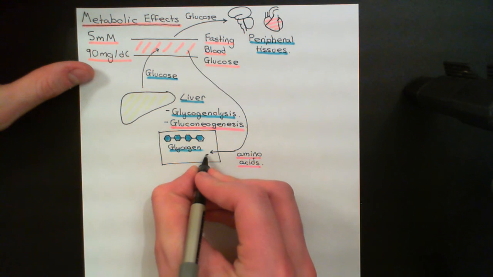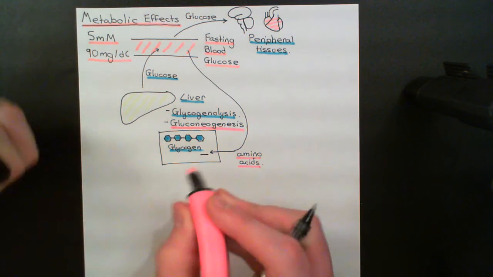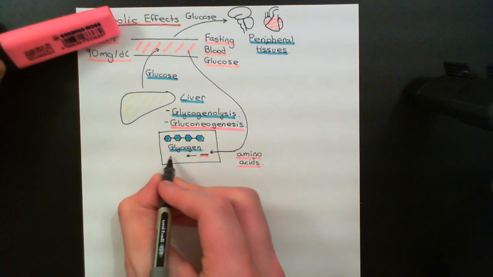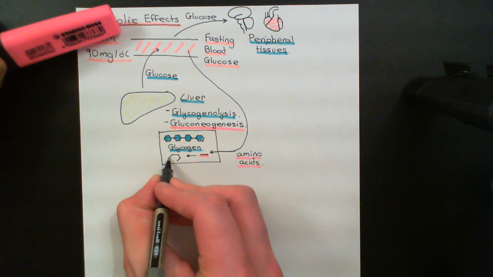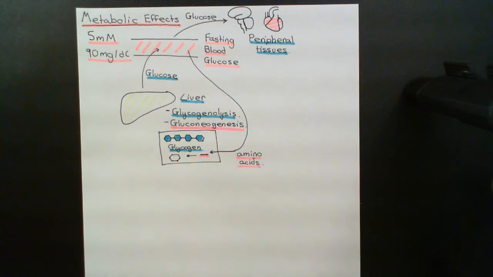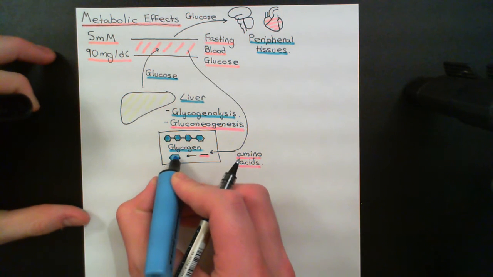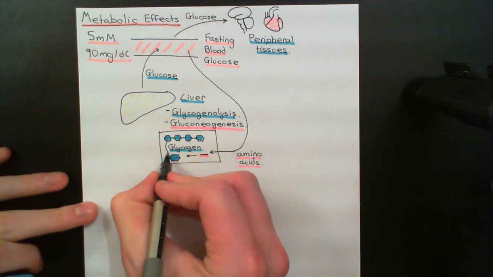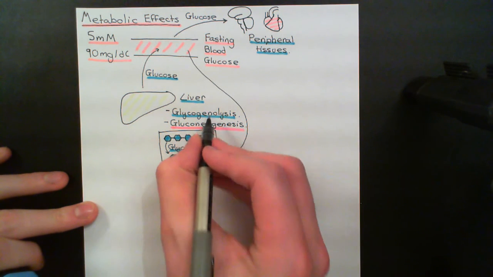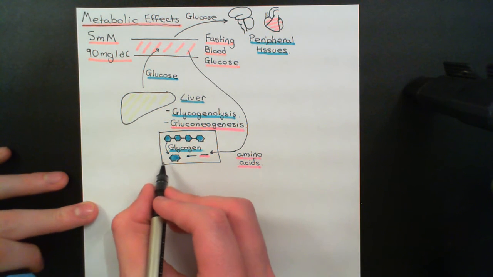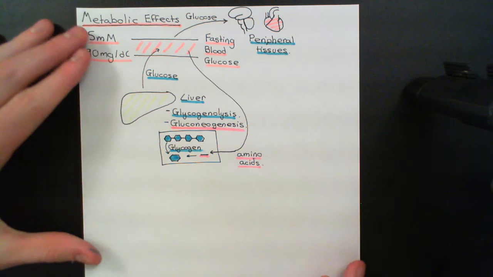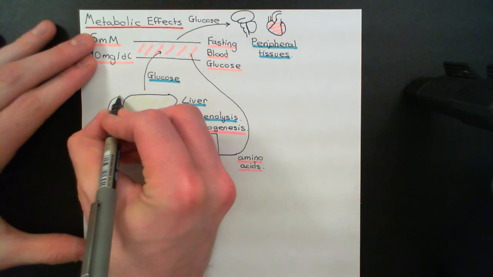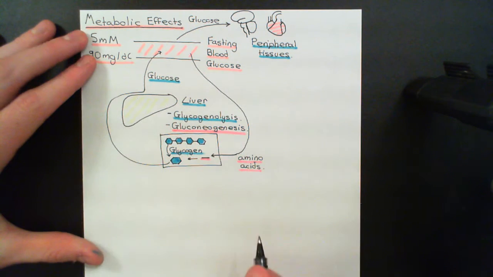So I'll draw an amino acid here just as this little pink thing. They can actually use amino acids to build glucose molecules. So here is a blue hexagon, here is a glucose molecule, and this process is known as gluconeogenesis. So not only can they get glucose by breaking down glycogen, that's glycogenolysis, but they can also convert amino acids into glucose, and that's known as gluconeogenesis. Let me just re-straighten this up, and then this glucose is what they'll be putting into the bloodstream like so.